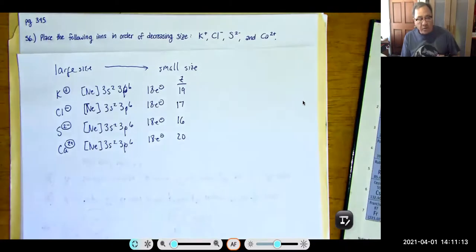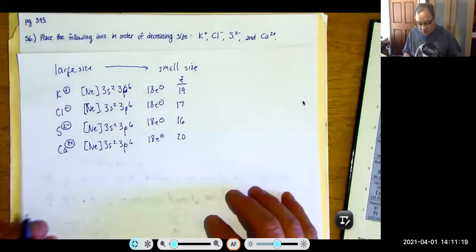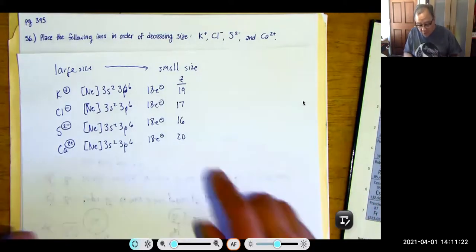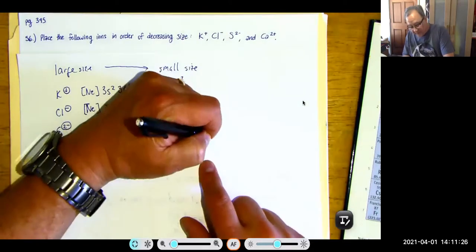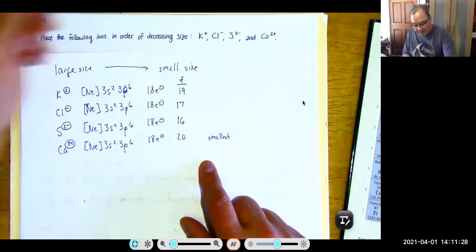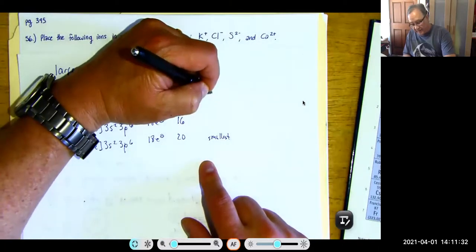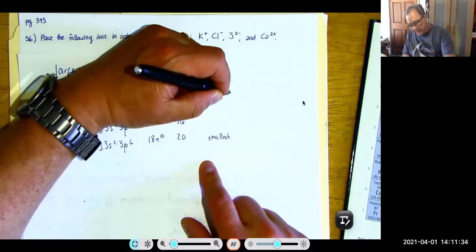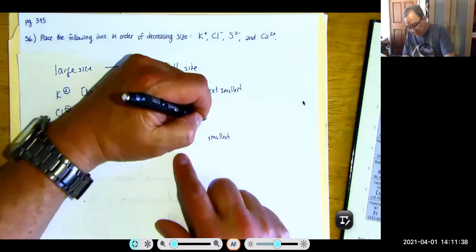So what is going to make the radius smaller and what's going to make it larger? Well, what's going to make it smaller is more protons in the nucleus. So this is going to be the smallest. And this is going to be the next smallest. And this one with the fewest number of protons will be the largest.